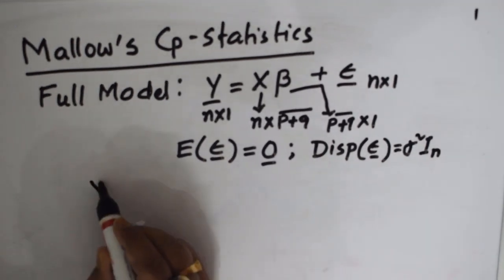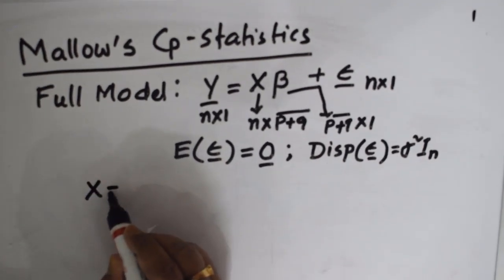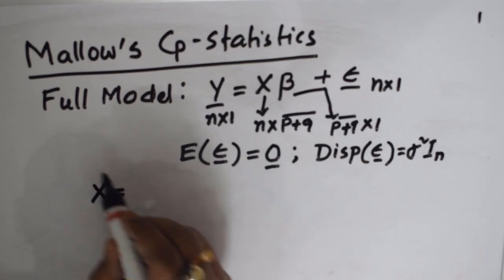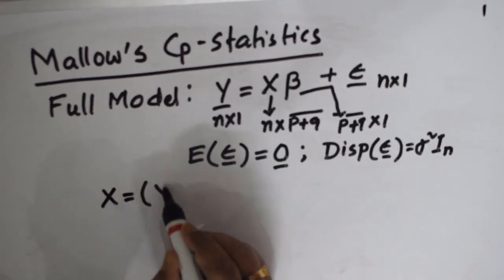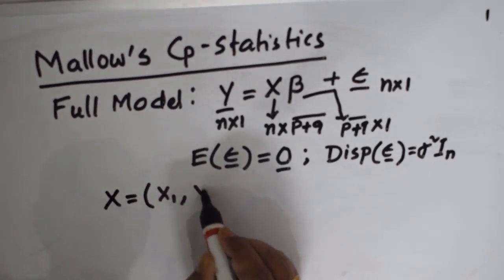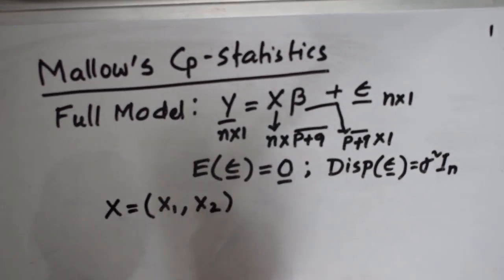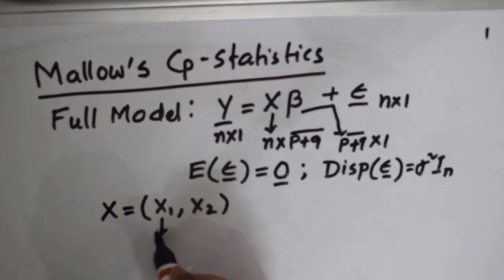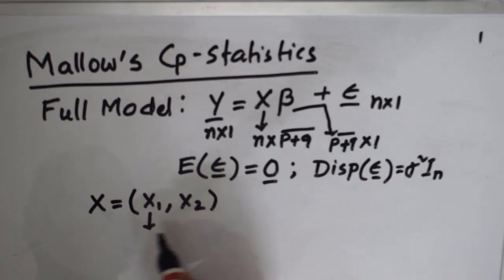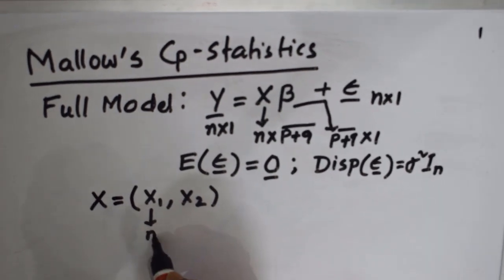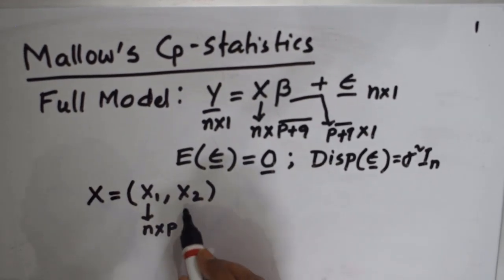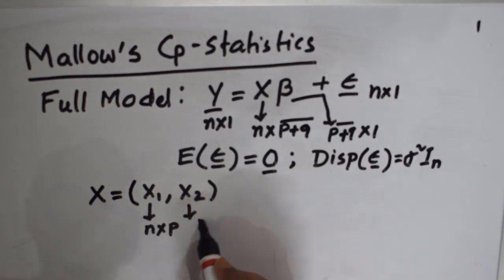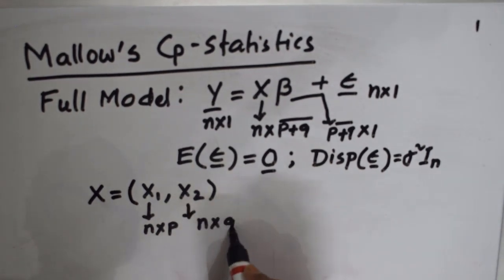We partition X as, where order of x1 is n cross p, order of x2 is n cross q.